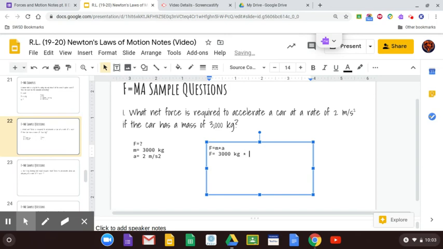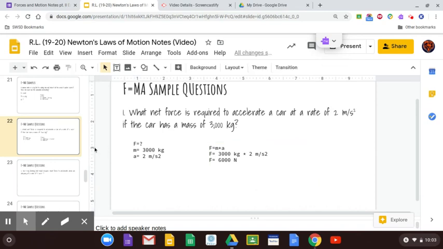And I'm going to multiply that by, here's the A. A is 2 meters per second squared. And then I solve. 3,000 times 2. Force is going to be equal to 6,000. And then we have to put the correct unit, which is going to be newtons. And there you have it. Pretty straightforward if you follow these steps.